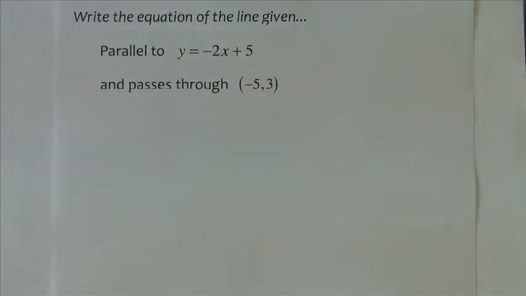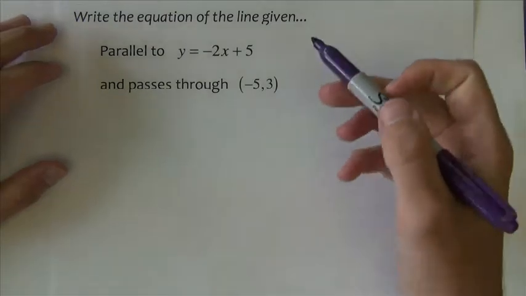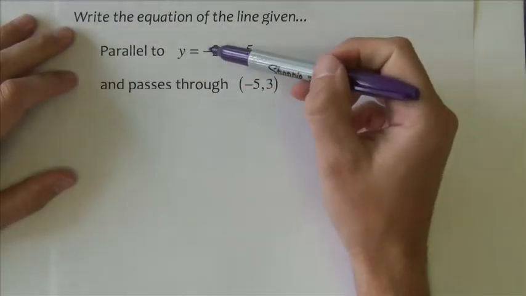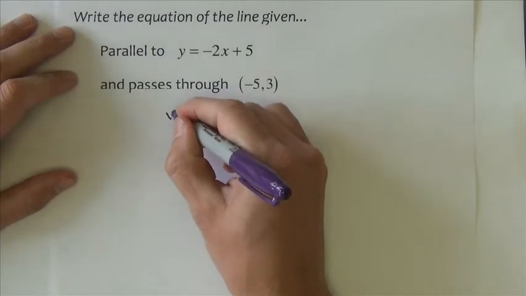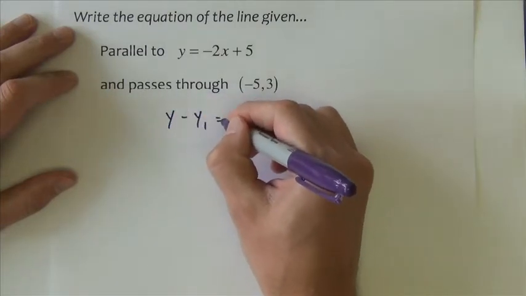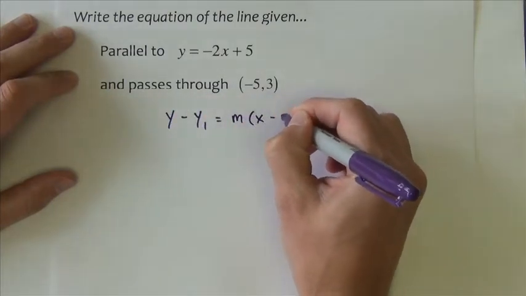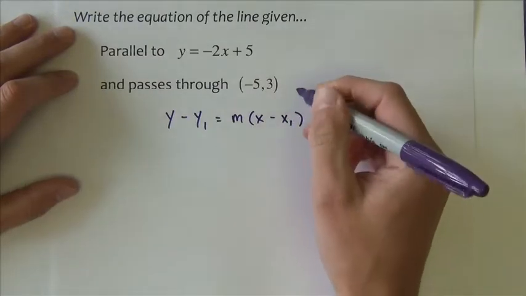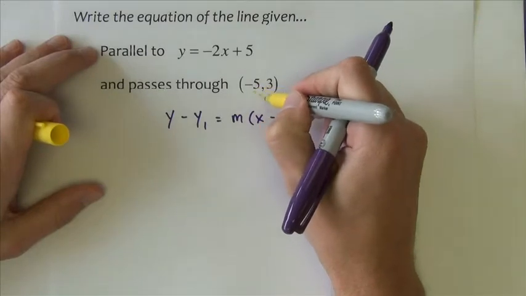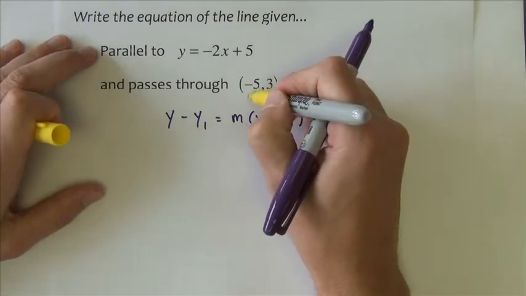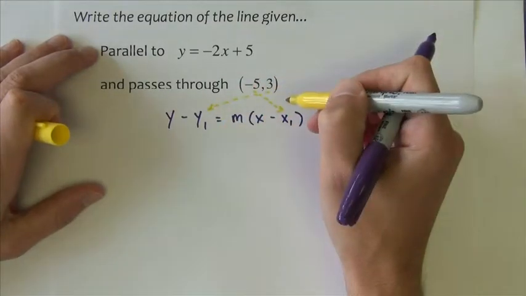Directions say write the equation of the line given. We want it to be parallel to this line and pass through this point. We will use point slope. The point that we're going to use, obviously the -5 going for the x, the 3 going for the y.